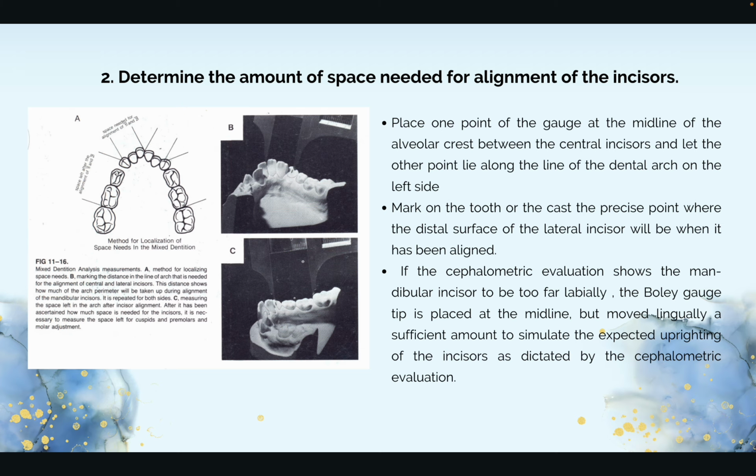Place one point of the gauge at the midline of the alveolar crest between the central incisors and let the other point lie along the line of the dental arch on the left side. Then mark on the tooth or on the cast that precise point where the distal surface of the lateral incisor will be when it has been aligned. And don't forget to repeat this process for the right side of the arch.